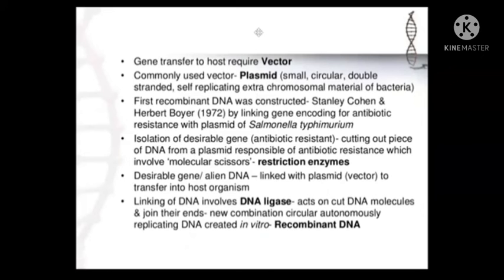We require a vector. A vector is a plasmid, and these experiments were done for the first time by Stanley Cohen and Herbert Boyer in 1972.